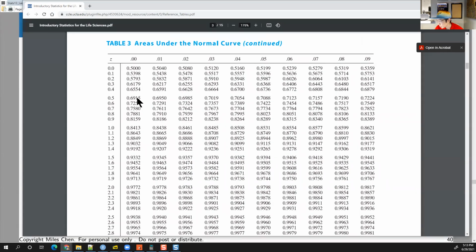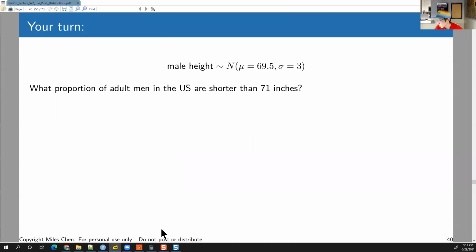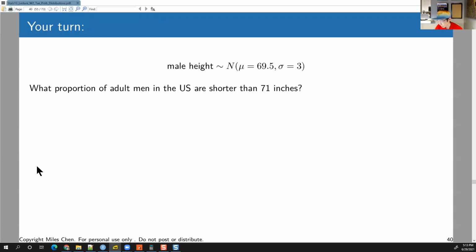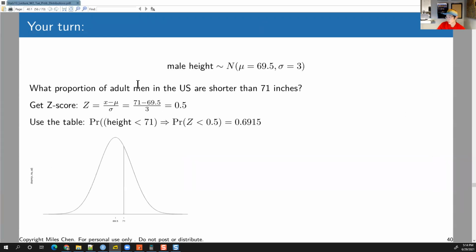Z equal to 0.50 gives 0.6915, and that's going to be our answer. So our z-score is 0.5, the probability that z is less than 0.5 is 0.6915, and this is our picture. So just under 70%, around 69%. Okay, great.